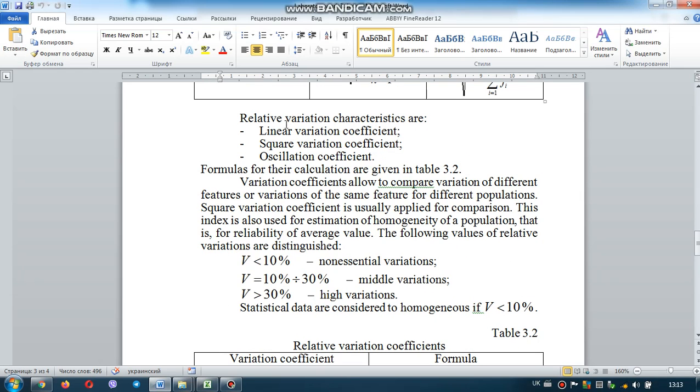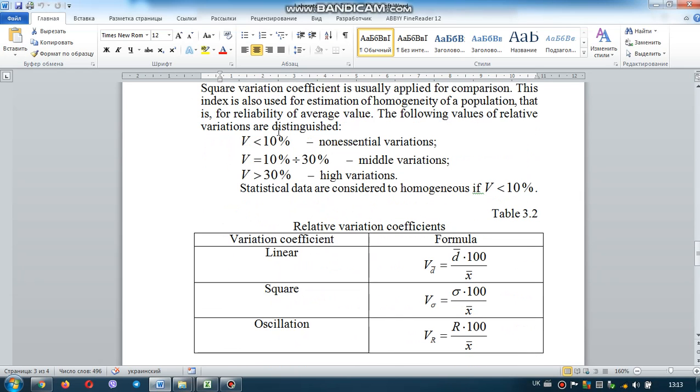And now we have to determine the variation coefficients. We have to know linear variation coefficient, square variation coefficient, and oscillation variation coefficient.